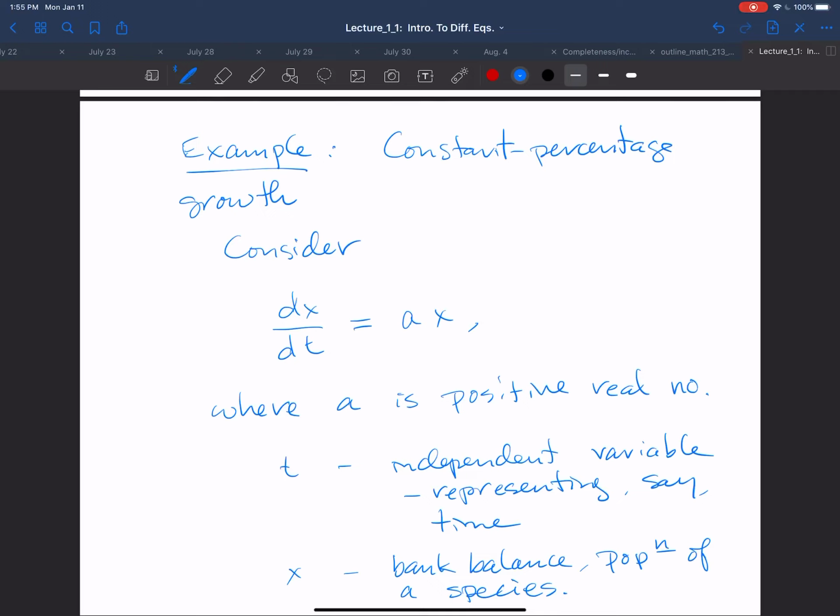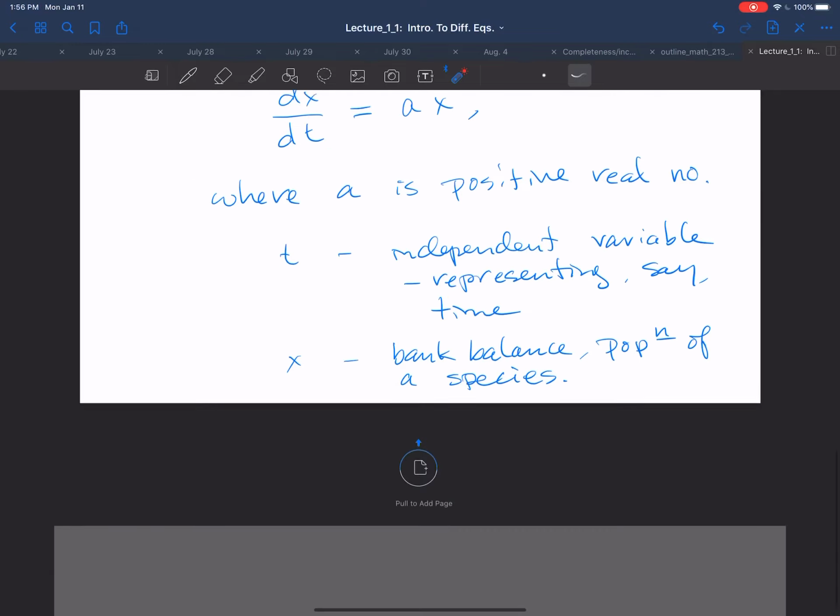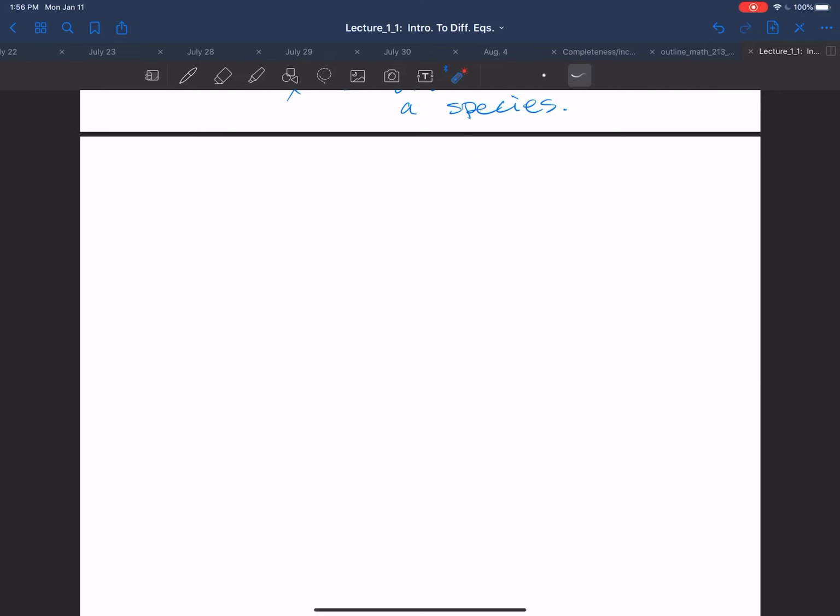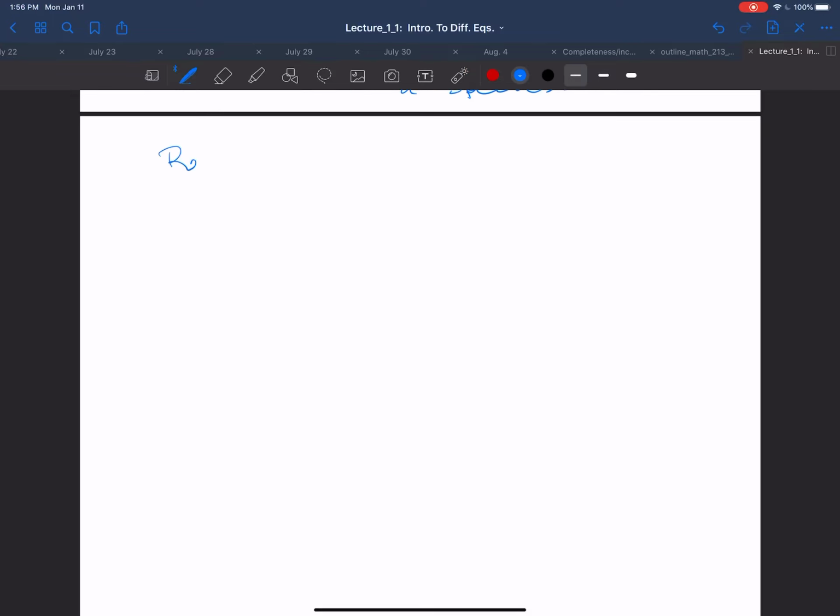What we can do is take this x on the right-hand side, divide through by x, and then we'll take the dt over to the right-hand side. So in other words, we will rewrite the equation as follows: dx over x equals a dt.